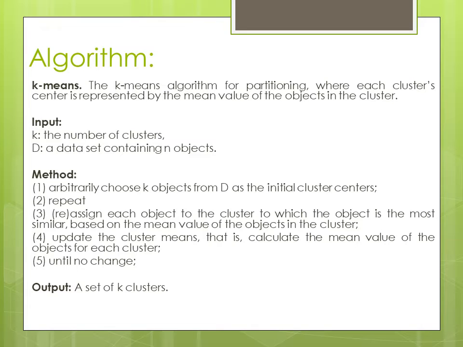Once that is done, based on the mean value and the closeness of the mean value to the n objects in the data set, we have to assign these n objects to the clusters that we are going to form.